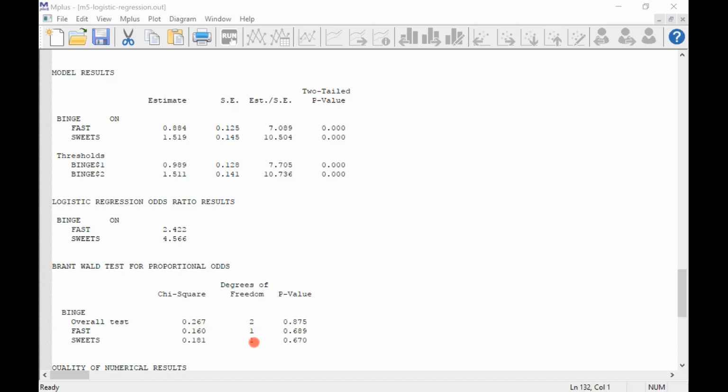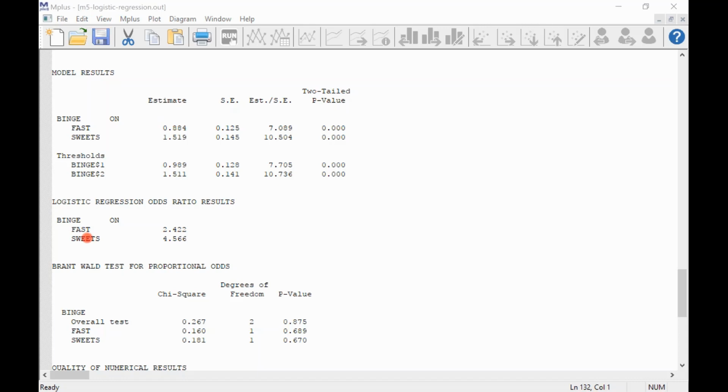In our case, the p-values were not significant both overall and for each of the two predictors. So therefore, our odds ratios are a good interpretation to say that heightened fast food cravings and heightened cravings for sweets make you more likely to transition upwards between two categories of binge eating.